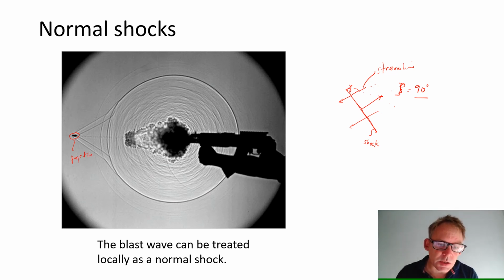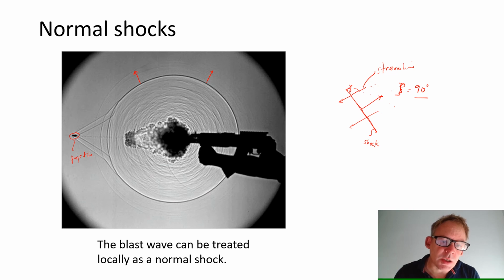We know this because there's a series of shocks coming off here, and the initial blast itself generates a shock wave, a spherical shock wave, and you see this shock wave move out radially.